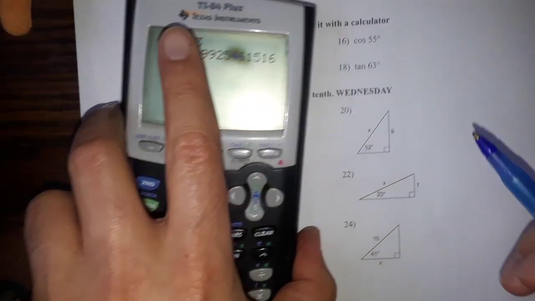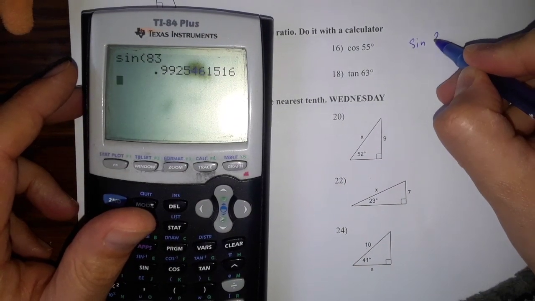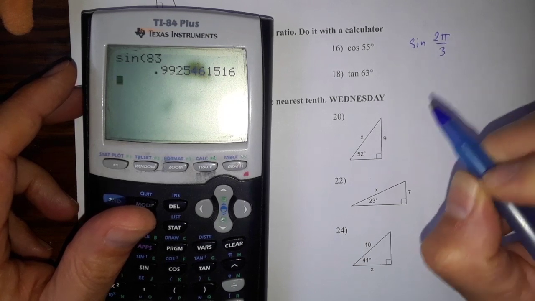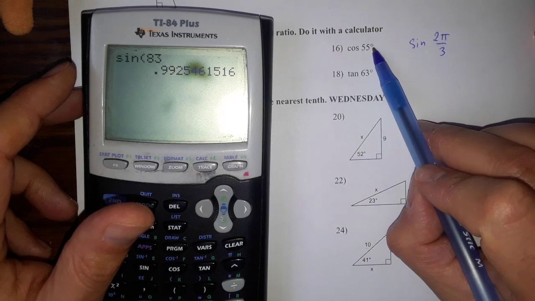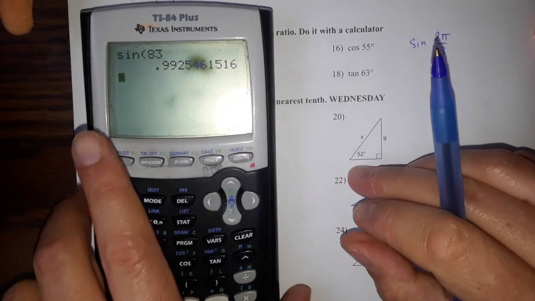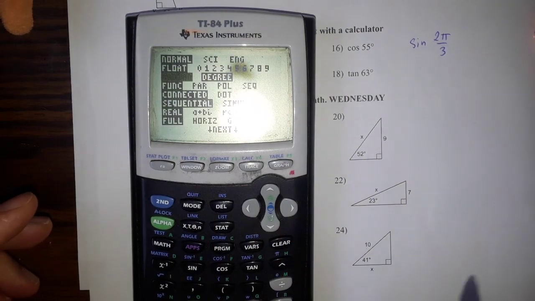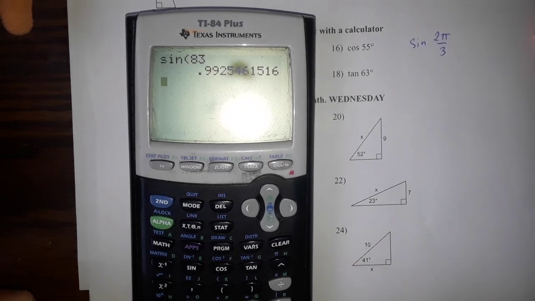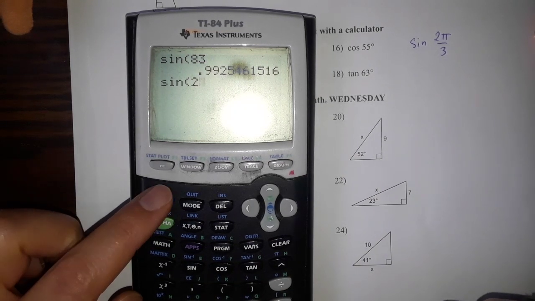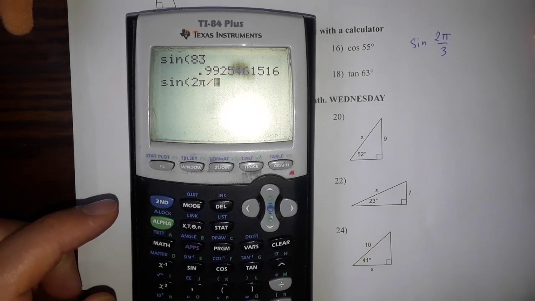If they ask, for example, the sine of 2 pi over 3, it will be something like this. We don't have the degree sign here, so that means it's in radians. So we should go to the calculator, change this to radians, and then now we're gonna do sine of 2, and then here we can put pi over 3.